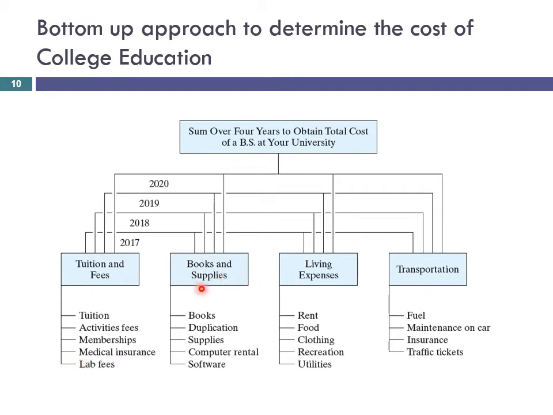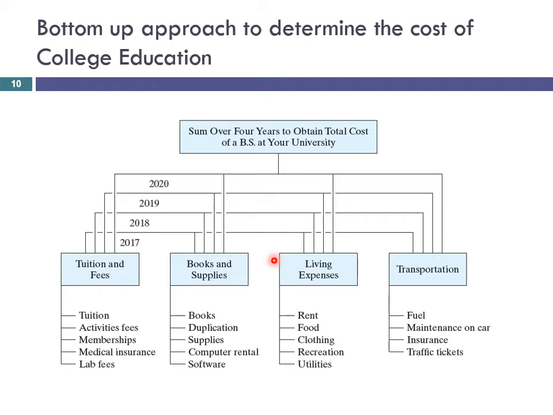And then under books and supplies, we have books, duplication costs, supplies, computer rental, software. Under living expenses, we have again subcategories, and under transportation, we break it down into further subcategories. Okay, so in the top-down approach, remember, we obtain the data of these tuition costs and so on from our own university or from a similar university, and we adjusted those values with respect to some criteria like inflation or activity level.